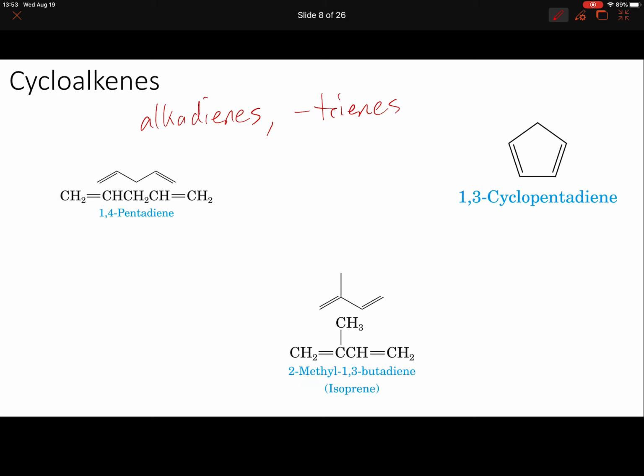Those that contain several double bonds are referred to more generally as just polyenes, Greek for many. So you can see some examples here. 1,3-cyclopentadiene, right? Cyclopentane, cyclopentene, cyclopentadiene. So that's the evolution of that name. Again, this is just as an example.